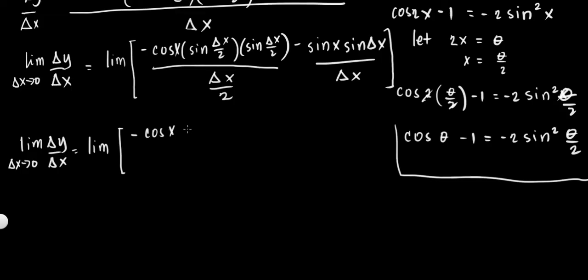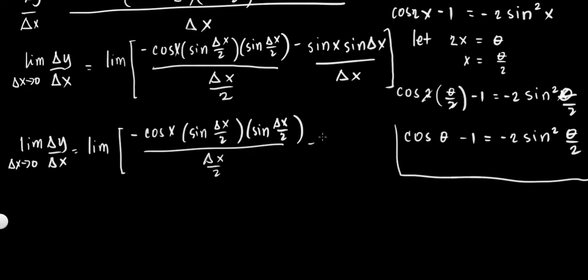We have cosine x of sine delta x over 2 times sine delta x over 2, then all over delta x over 2, minus sine x sine delta x over delta x. Mahirap magkamali kasi malayo na ang buburahin natin. Okay? So, this is delta x approaches 0. This is delta x approaches 0.